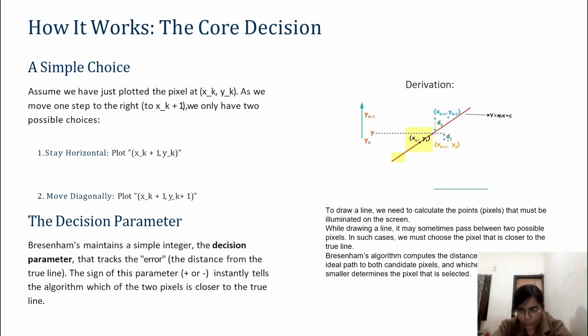For that we use a decision parameter denoted as pk. Its sign tells us what to choose. If pk is less than 0, we choose the horizontal pixel. If pk is greater than or equal to 0, we move diagonally. This decision parameter is updated each step using easy integer calculation.